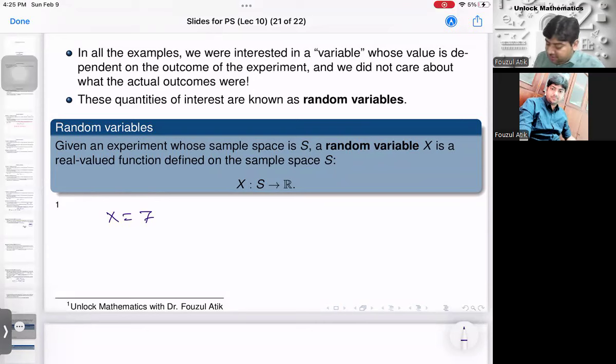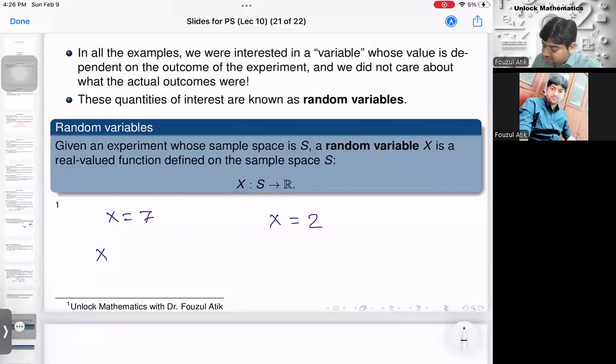So a few of the outcomes in the sample space give this 7. Okay, suppose X equal to 2 in that experiment of rolling 2 dice. X equal to 2 means that the sum of the dice is 2.